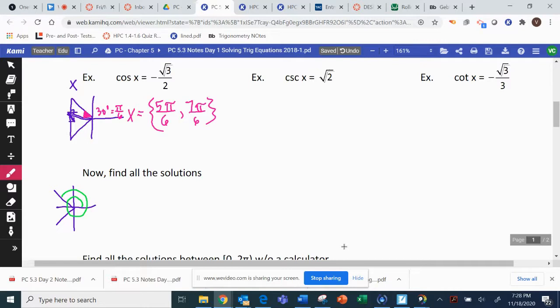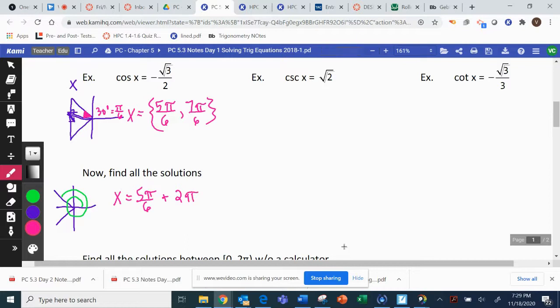What we know about coterminal angles is that they are separated by 2 pi. So to find all the solutions, we start with the original solution of 5 pi over 6 and add on 2 pi. But we're not just adding on one 2 pi. We could add on any number of 2 pi's as long as the multiplier is an integer.